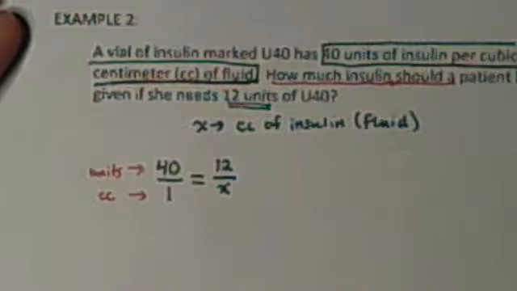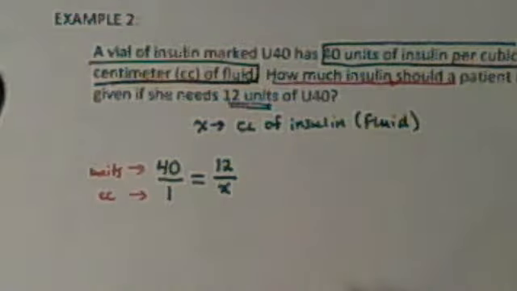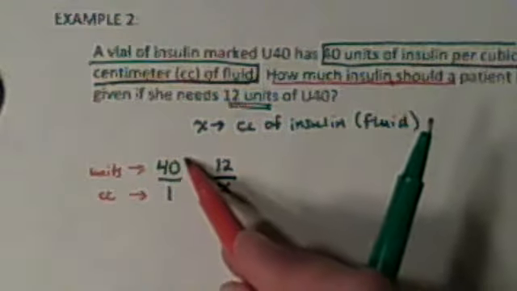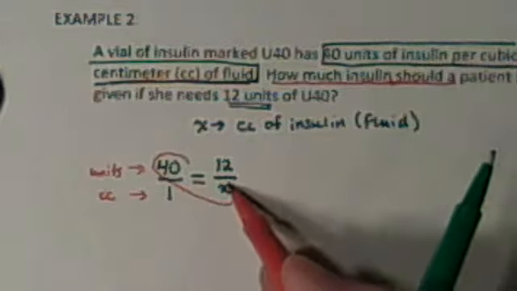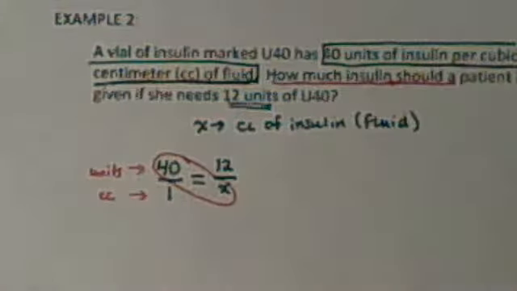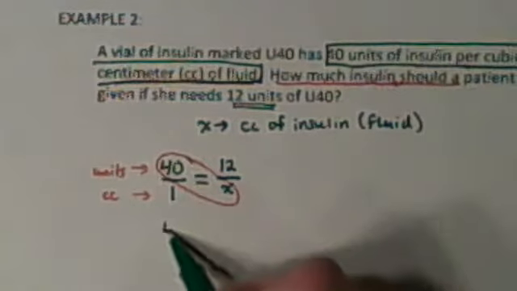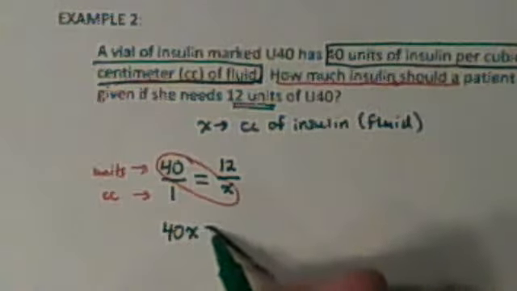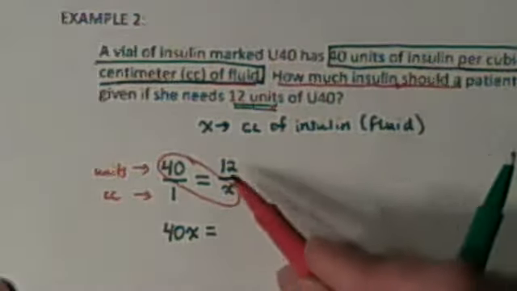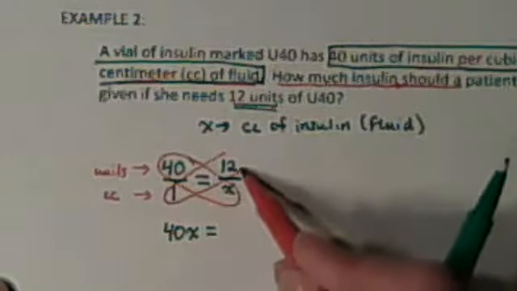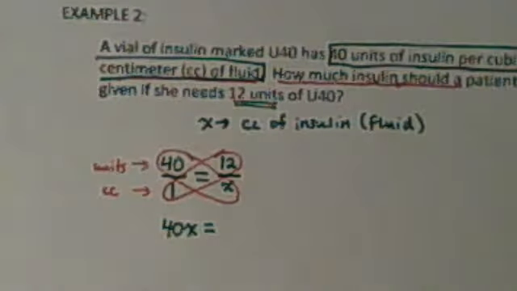Now I can solve by cross multiplying. Again, I want to start with the cross that's going to involve the variable. So I start with 40 times x, which gives me 40x is equal to, and my other cross gives me 1 times 12.